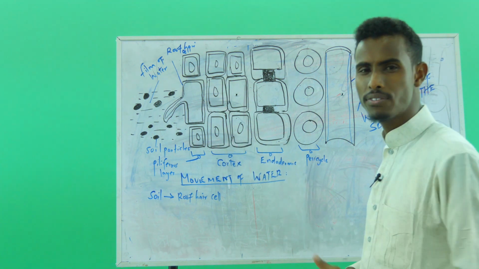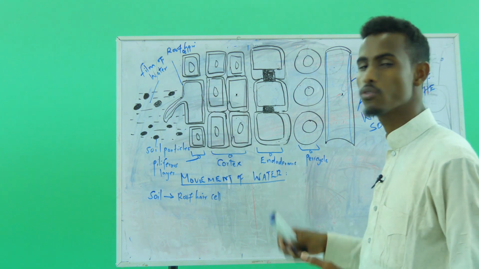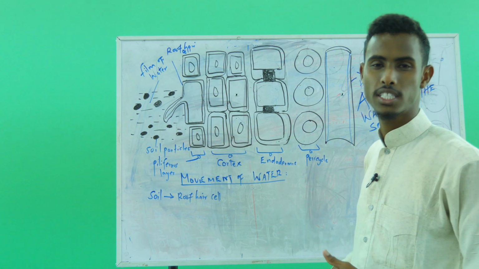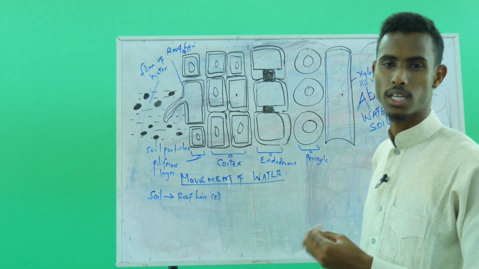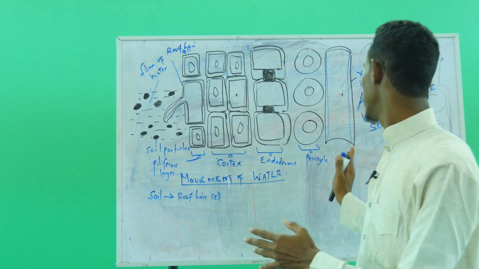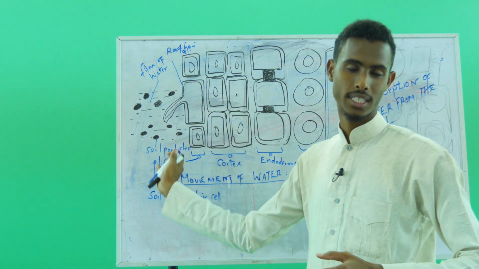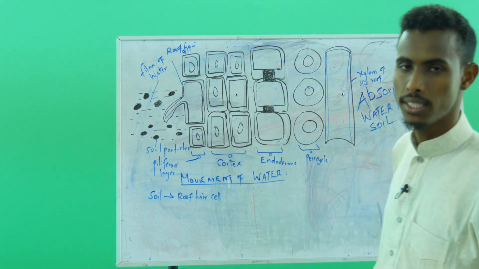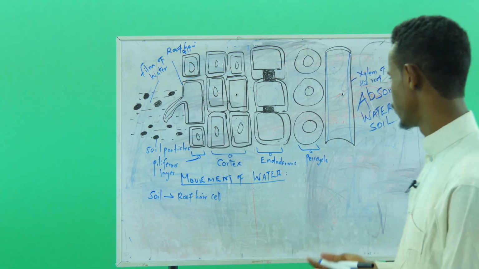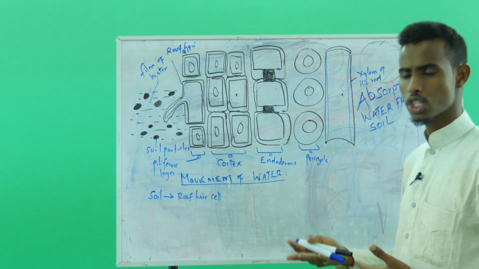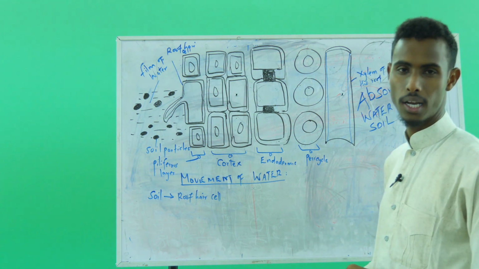The xylem of the leaf will also draw water from the xylem of the stem, and the xylem of the stem will draw water from the xylem of the root. The xylem of the root will draw water from the pericycle, endodermis, cortex, the root hair cell, and finally the soil.